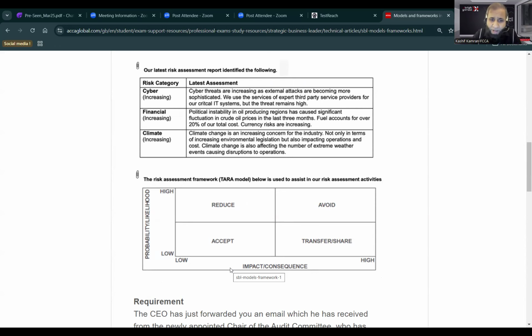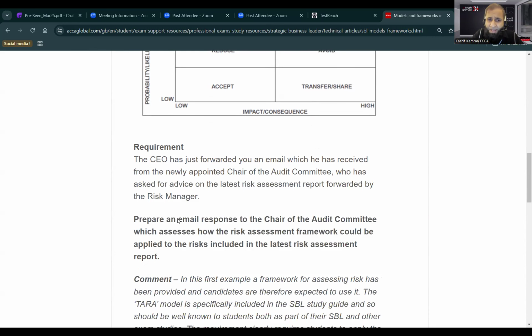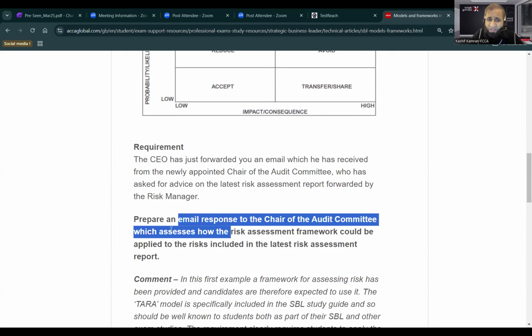Now, the requirement says: prepare an email response to the chair of the audit committee, which assesses how the risk assessment framework could be applied to the risk included in the latest risk assessment. Look at this.